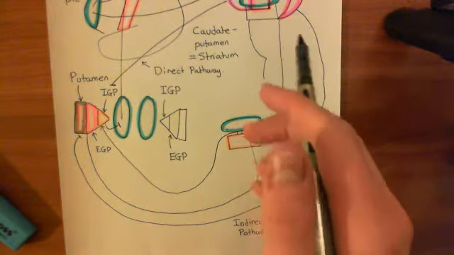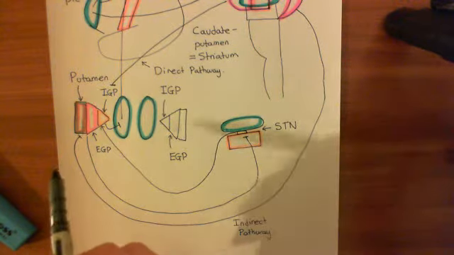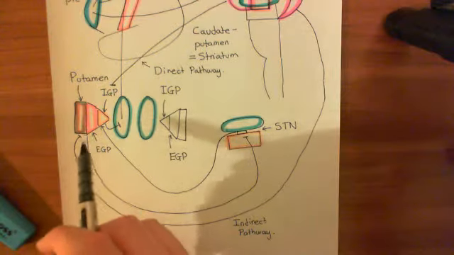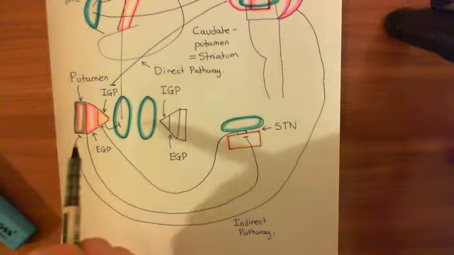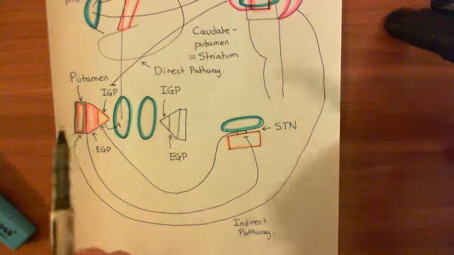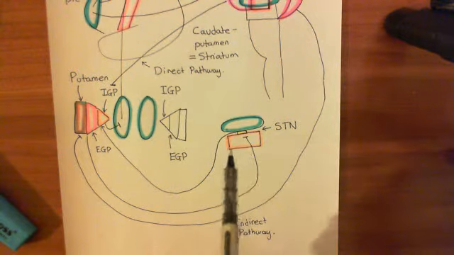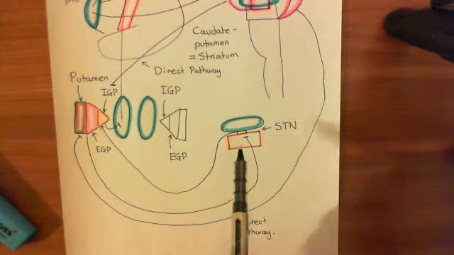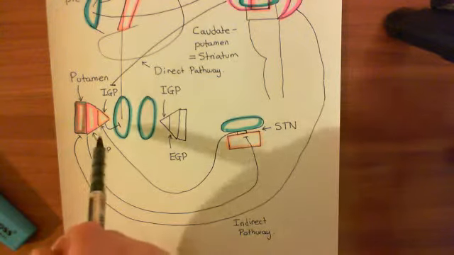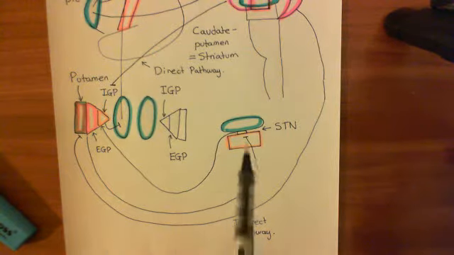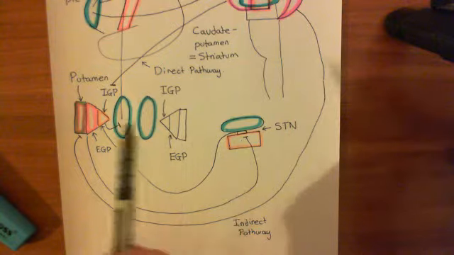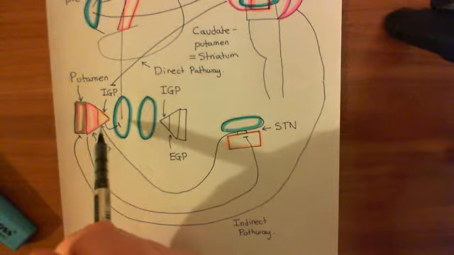By decreasing its inactivation of the external globus pallidus, the external globus pallidus activity goes up. The external globus pallidus then inhibits the subthalamic nucleus, and since the subthalamic nucleus activates the internal globus pallidus, inactivating the subthalamic nucleus leads to an inactivation of the internal globus pallidus.